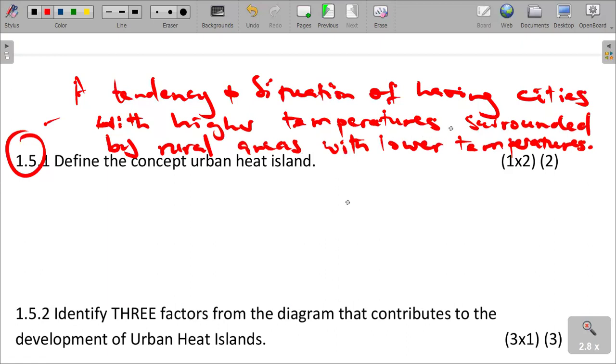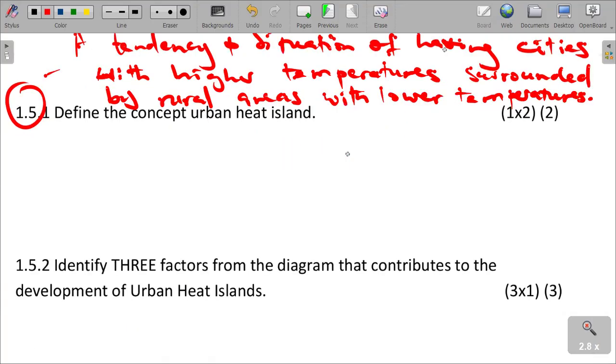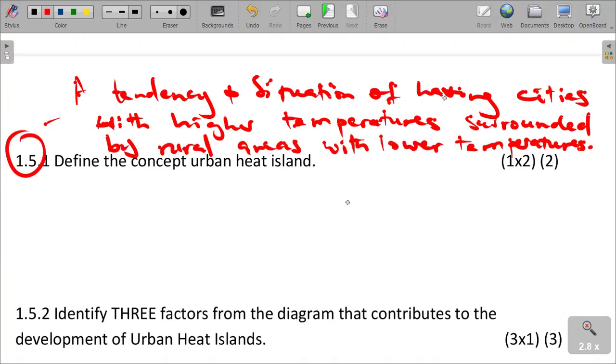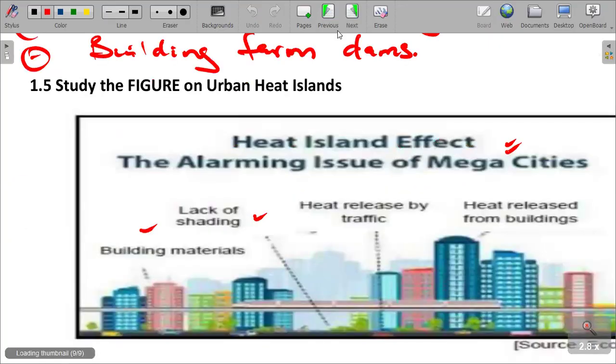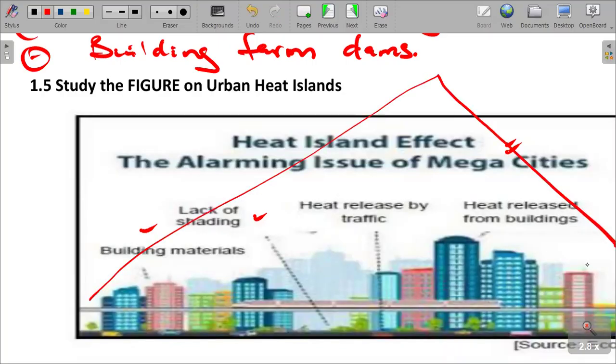Temperatures tend to be very high in the city compared to the surrounding rural areas. So cities generally tend to have high temperatures, and we are going to look at the effects and causes of such scenarios. So now, that is urban heat island. If you look at the diagram here, we are not given a graph, but this line can be used to measure what?